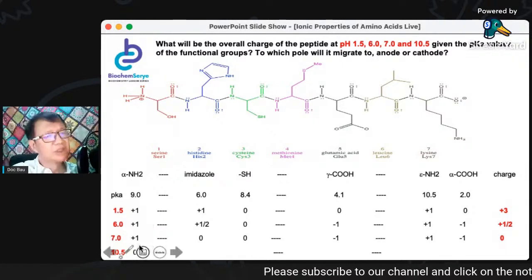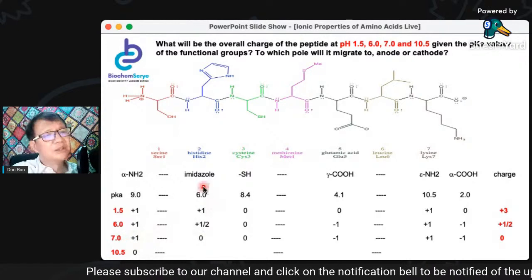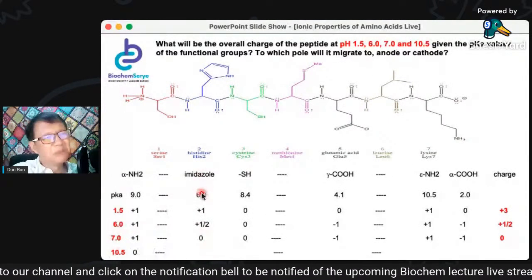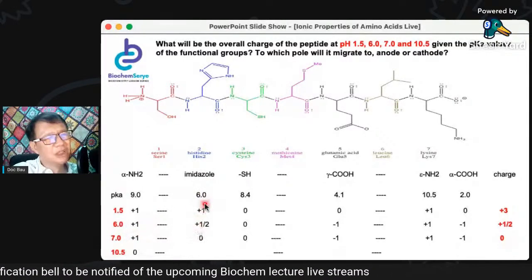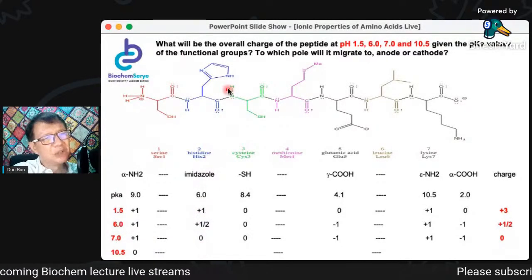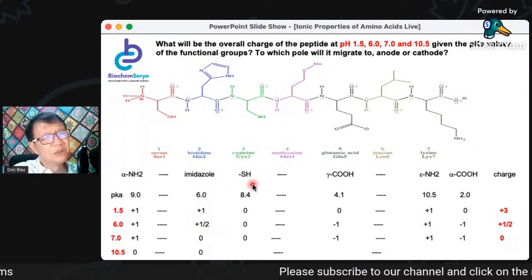So it is 0. Follow? Then the imidazole will not be protonated anymore, much more so at 10.5. With a scarcity of hydrogen ion, it will not be protonated, so its charge is 0.